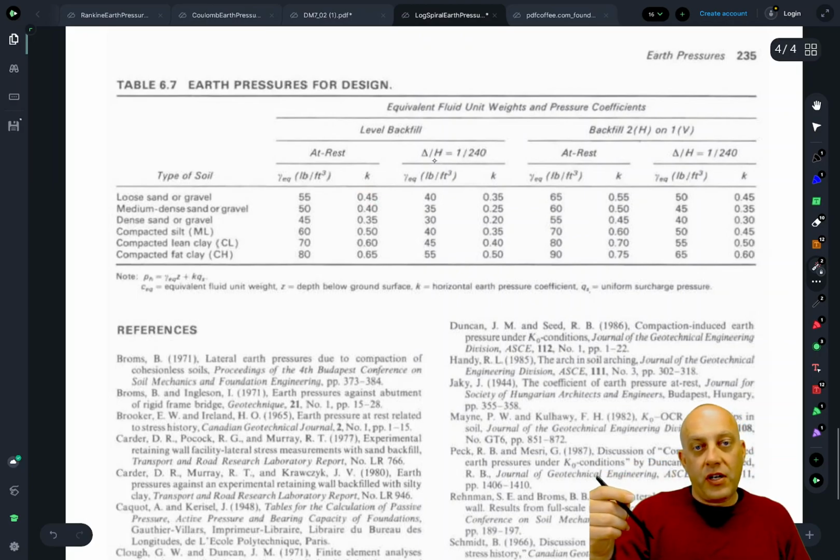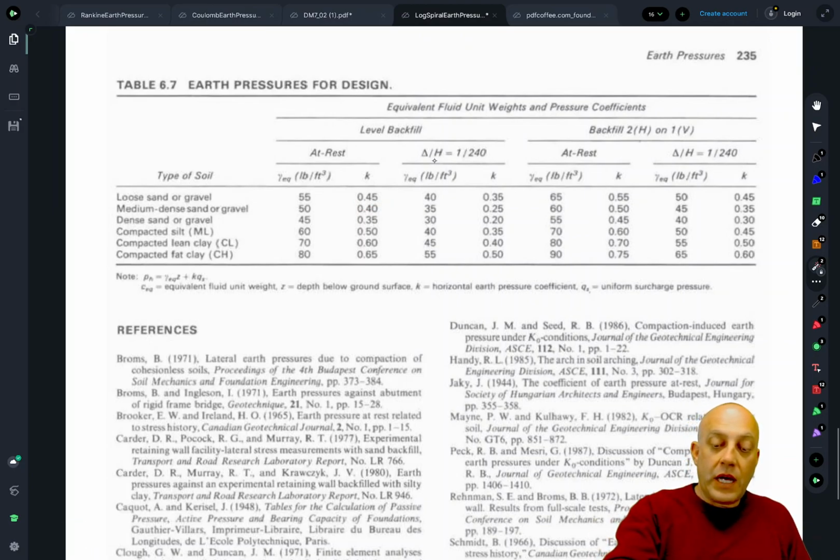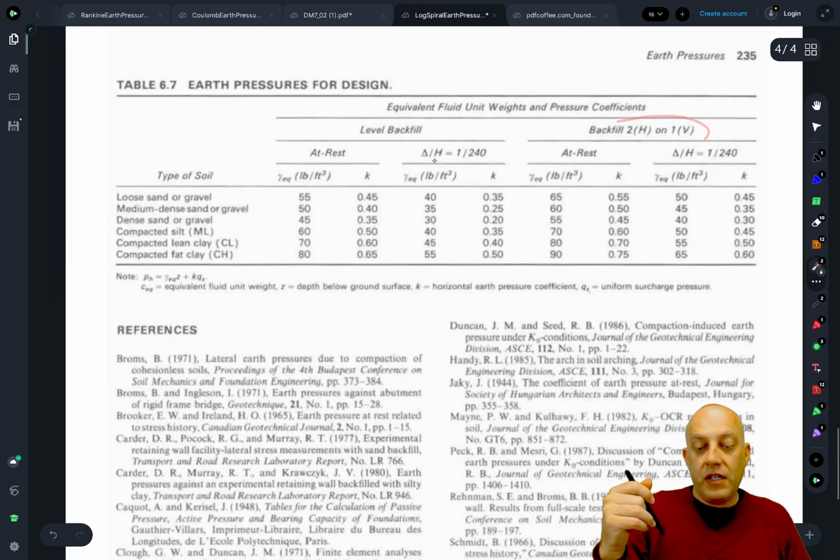So if you're designing for a 100 kPa vertical surcharge, you would multiply, in this case, by 0.45 to get the horizontal surcharge acting on the wall. Then if you go down one level, we have level backfill, that's horizontal backfill here, and then this one is 2-to-1 slope backfill. It's pretty common for highway applications to have sloping backfill for grade separation and so forth.